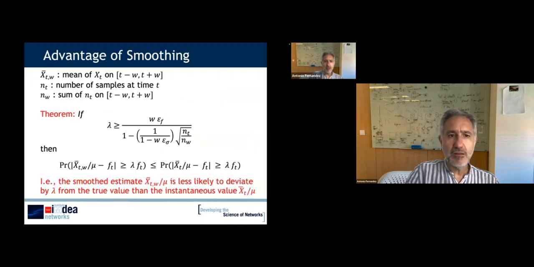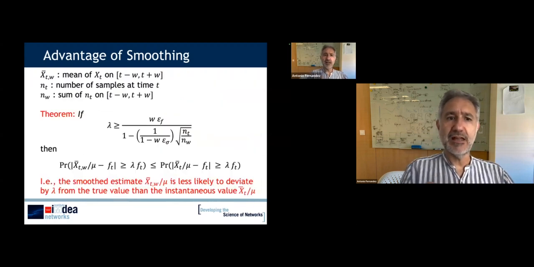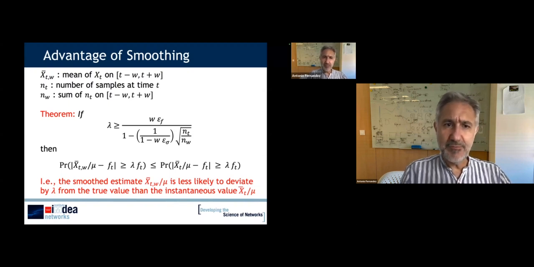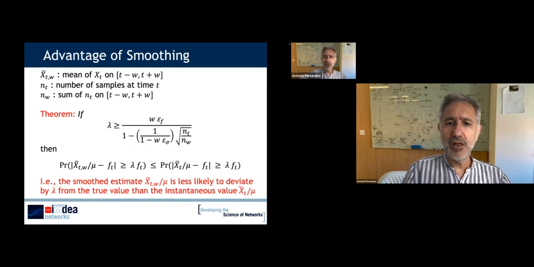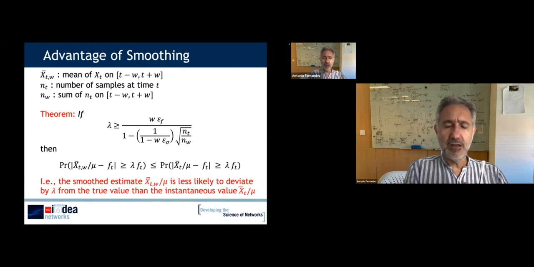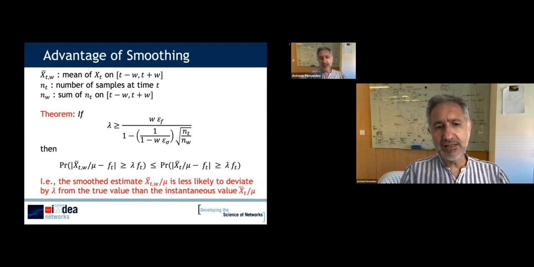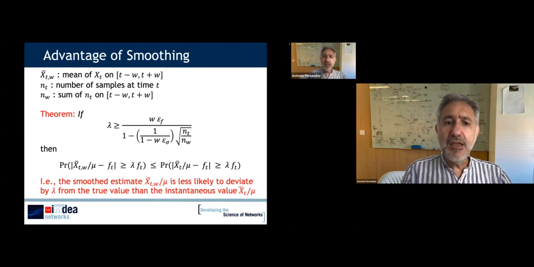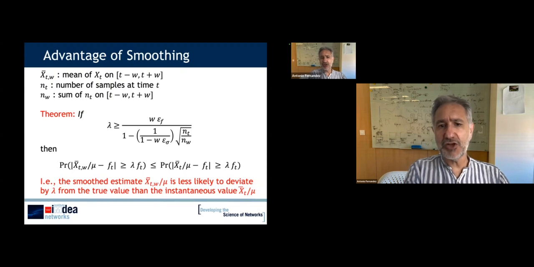So with this in mind, what we show is that if instead of using as estimator the estimator from the indirect survey that we obtain in a given day, which is what we call x of t, we use the average over a window of 2w plus 1 days, we get that our estimate is better if lambda is larger than this expression.